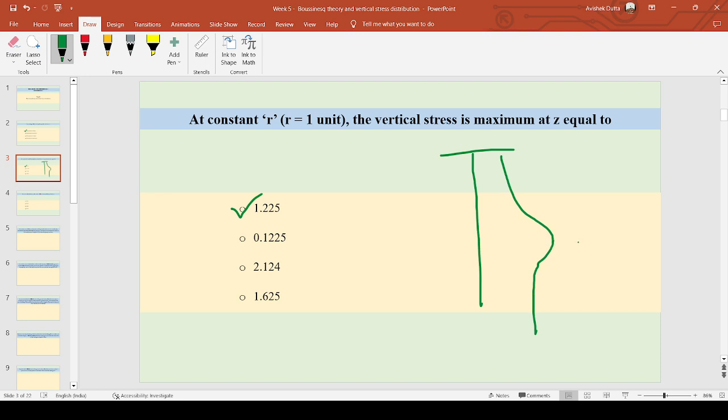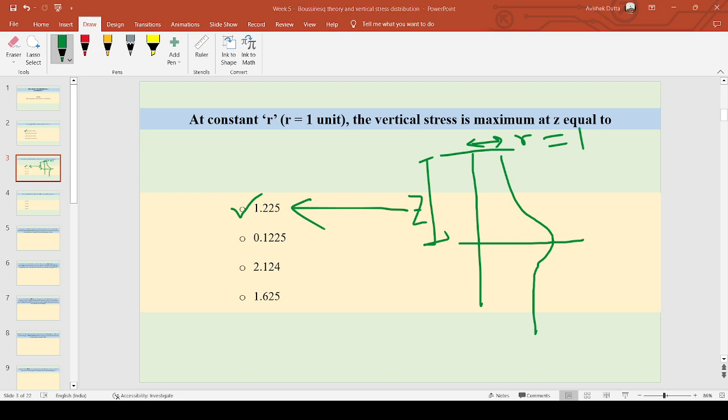At this point the vertical stress will be the highest, and if r is equal to 1, then z will be equal to this. So I hope it is clear.